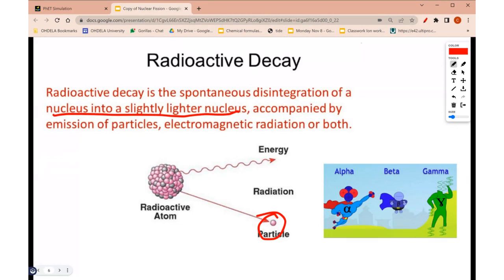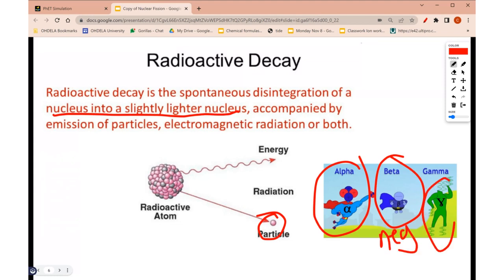There are 3 flavors: alpha particle, beta particle, which is a negative particle, and gamma, which is a ray that goes through almost everything. Alpha particles can be stopped by a piece of paper. Alpha particles are bigger.